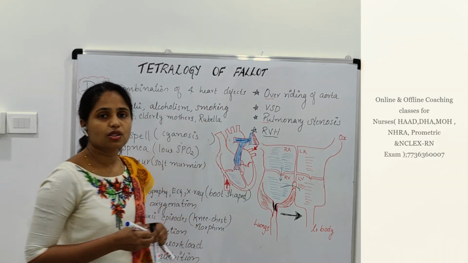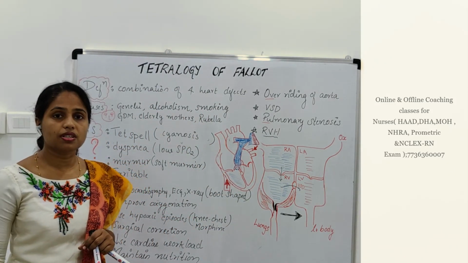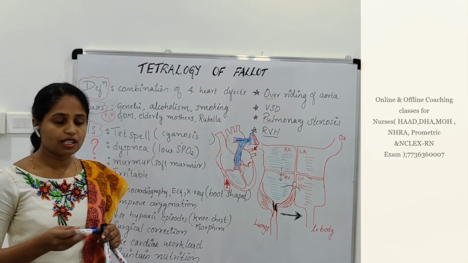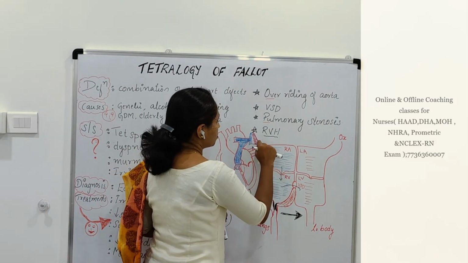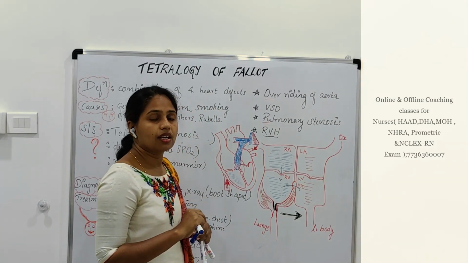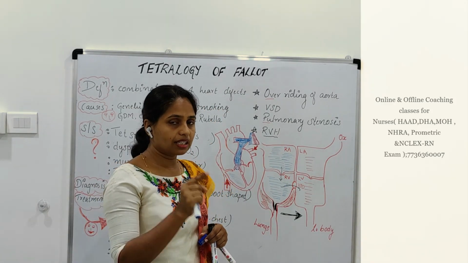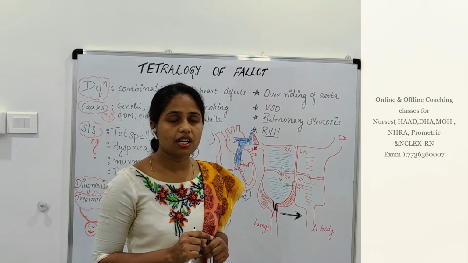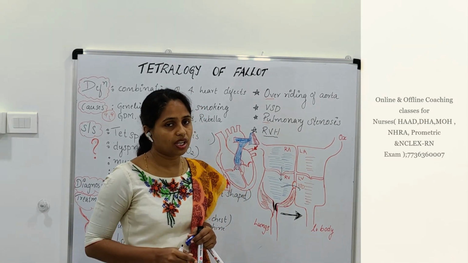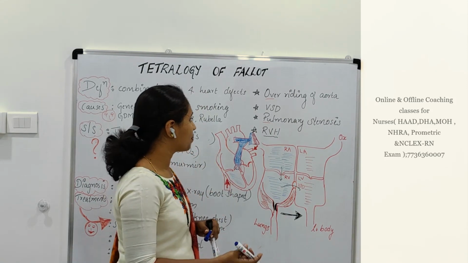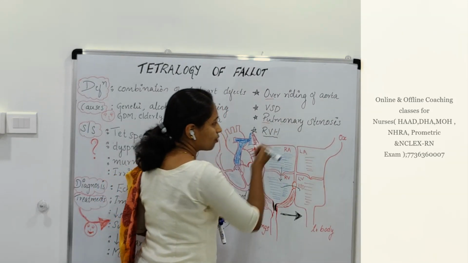Okay, so what is this blood? Deoxygenated blood. So the pulmonary artery should receive blood from the right ventricle, take this blood from here, and give it to the lungs for purification. But because of pulmonary stenosis, what happens?